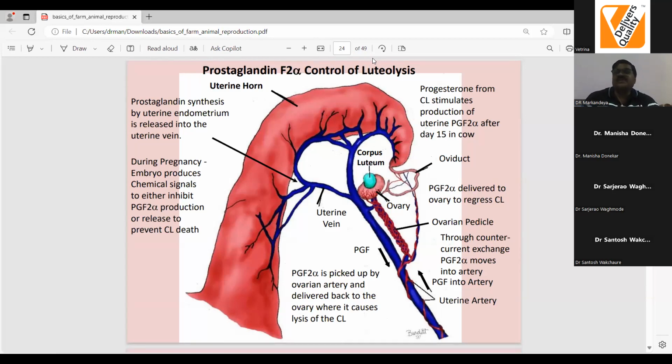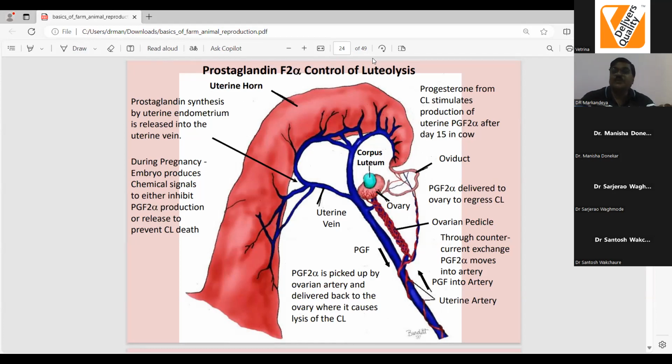Another important factor is PGF2 alpha. Progesterone levels will go down with the structural degradation of the corpus luteum. So, luteolysis will stimulate the growth and development of the new phase, and this cycle is important for the continuation of cyclicity in the animal.